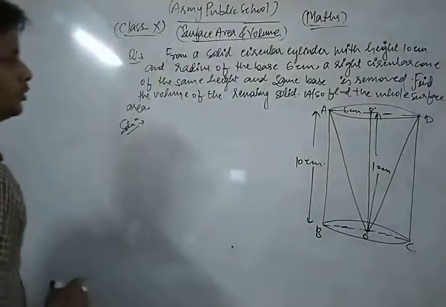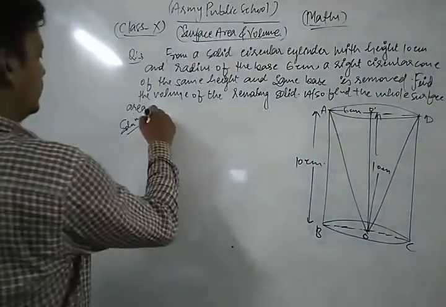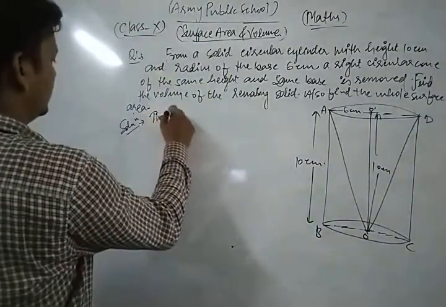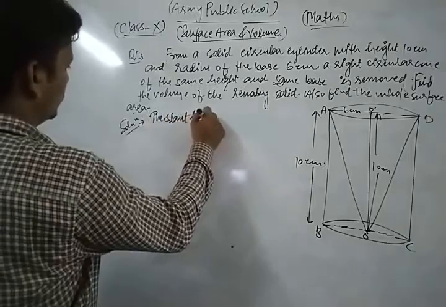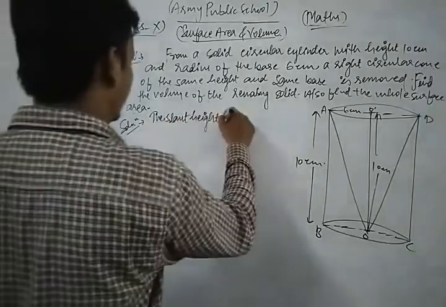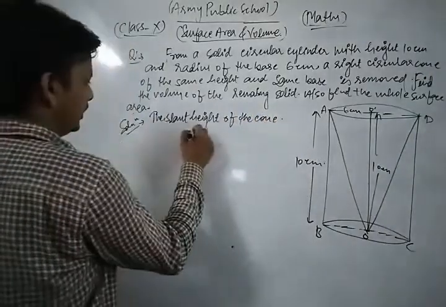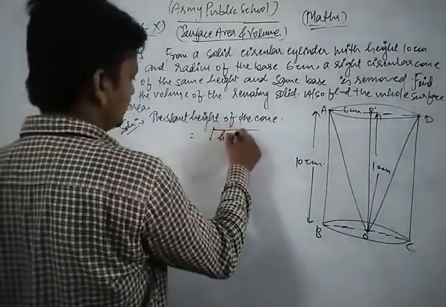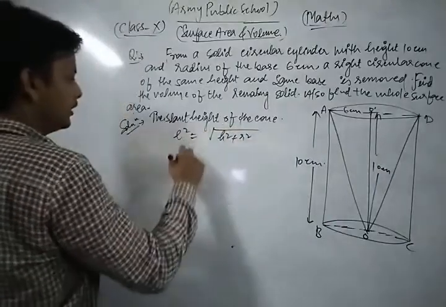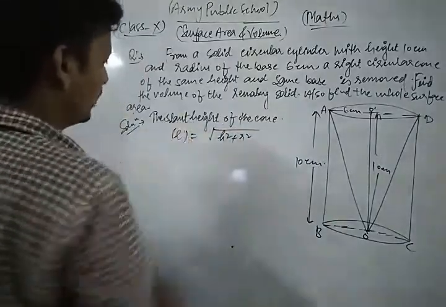Look, dear friends, first of all the slant height of the cone is under root h square plus r square. This is the formula for slant height of the cone, and you know that very well.